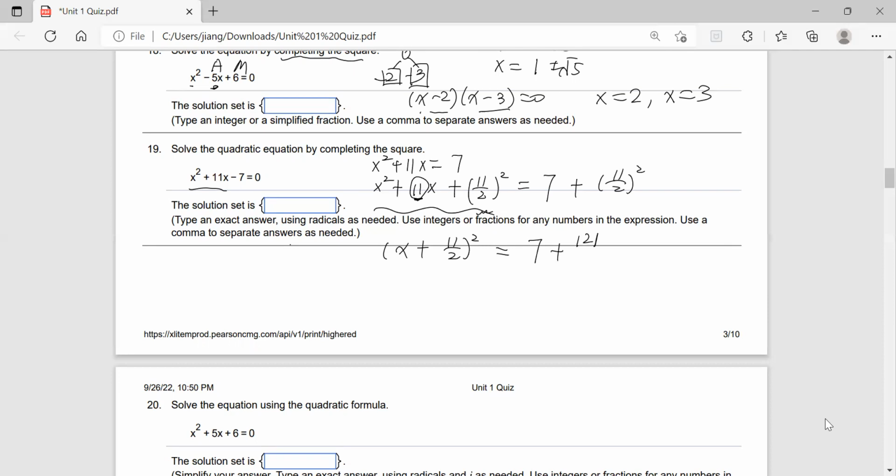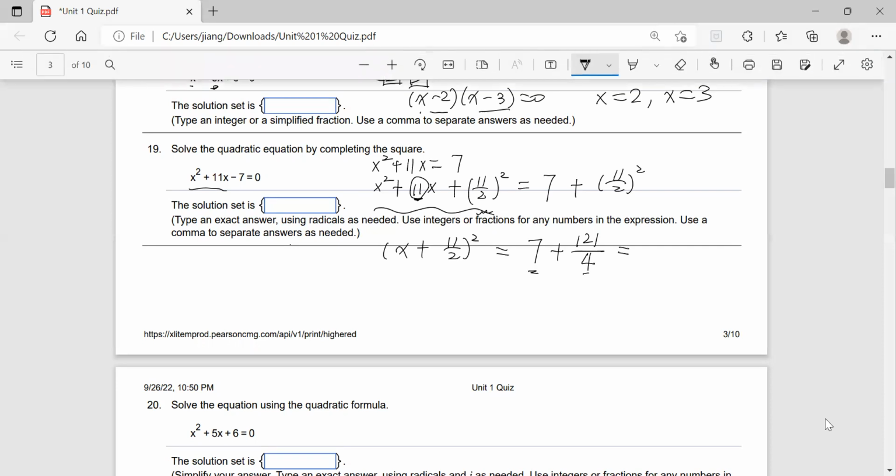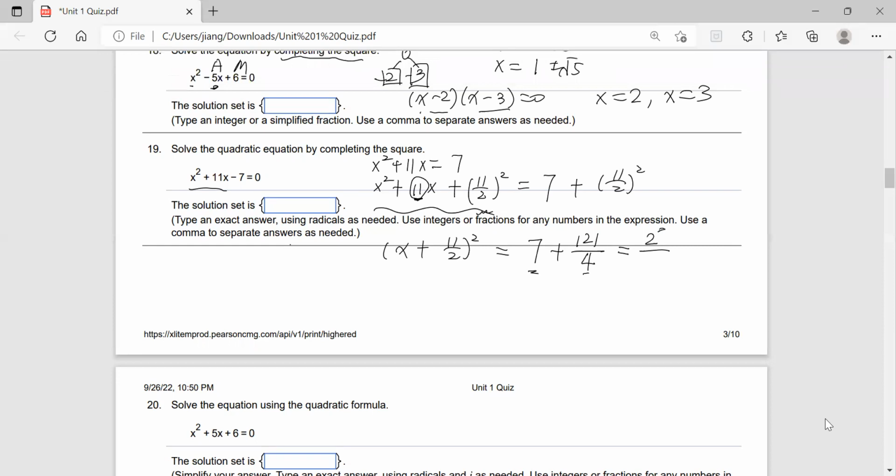That's 121/4. So if I combine these two together, I must have 28/4 plus 121/4. Let's see, (x plus 11/2) squared equals, add the tops together, that's 149 divided by 4.